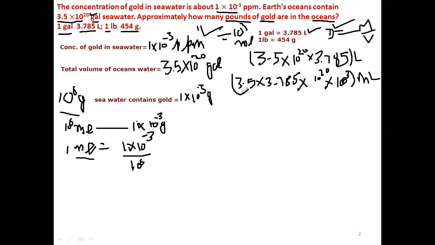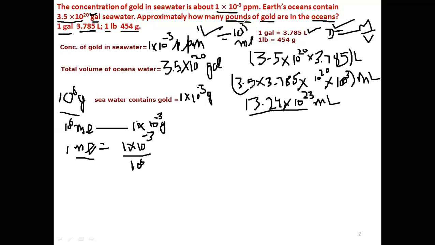So 3.5 into 3.785 is 13.24 into 10 raised to the power 20 into 10 raised to the power 3, which is 10 raised to the power 20 plus 3, 23 ml. So this is the total volume of ocean's water in ml.